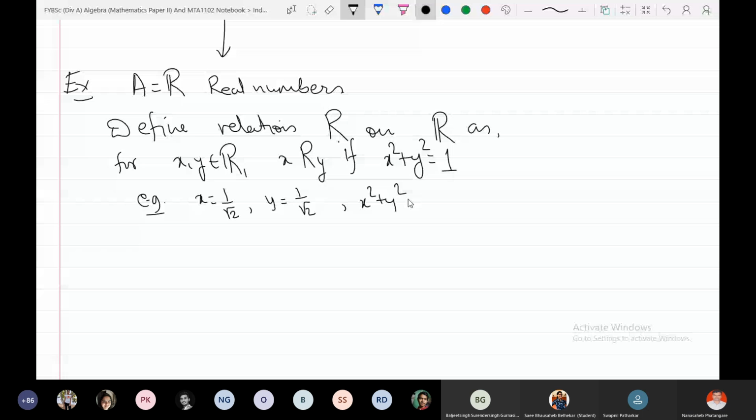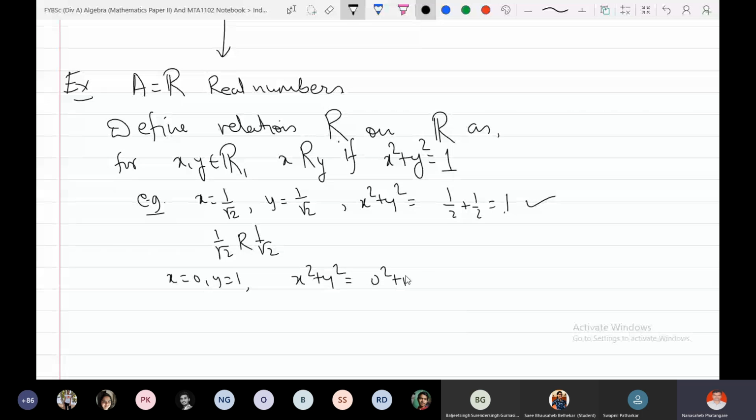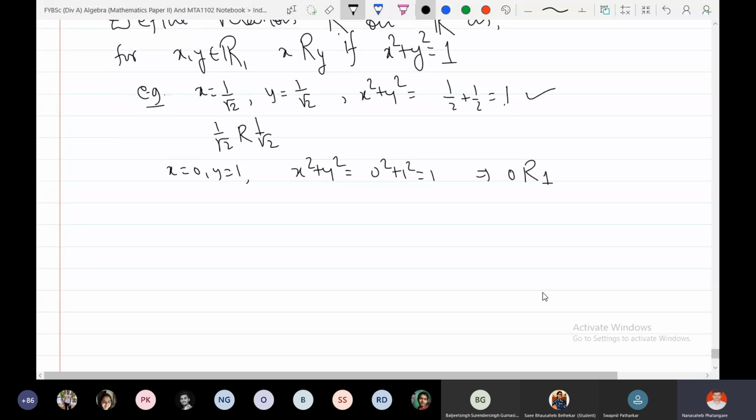So therefore 1 by root 2 is related to 1 by root 2. And x is equal to 0 and y is equal to 1 is one pair, because x square plus y square is 0 square plus 1 square, which is 1. So what is the conclusion? 0 is related to 1. Right, so that is fine.